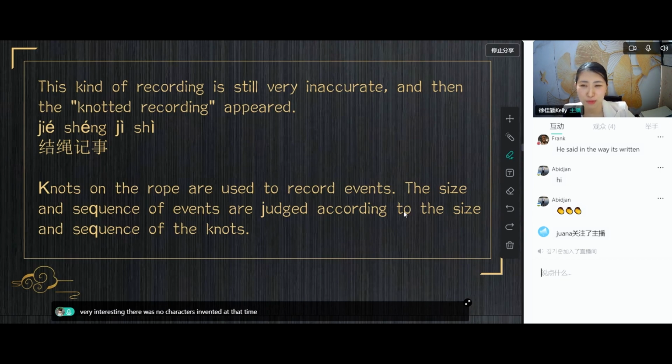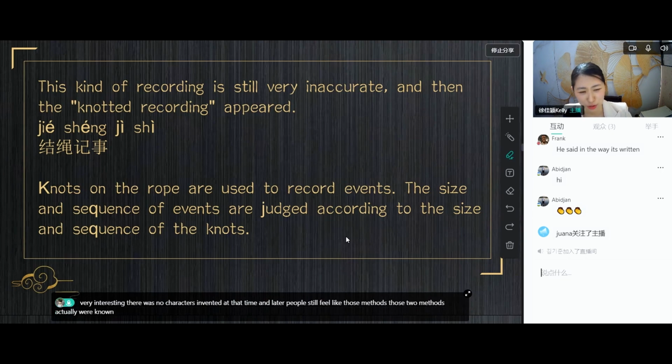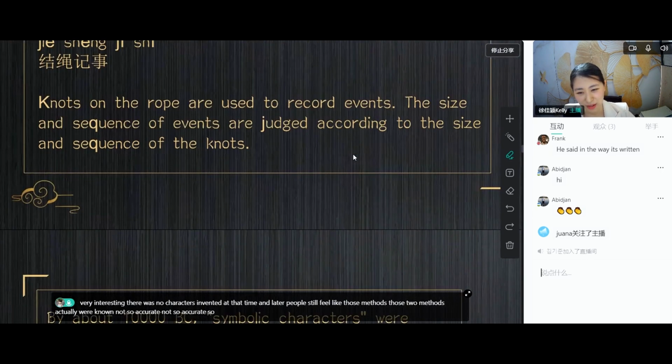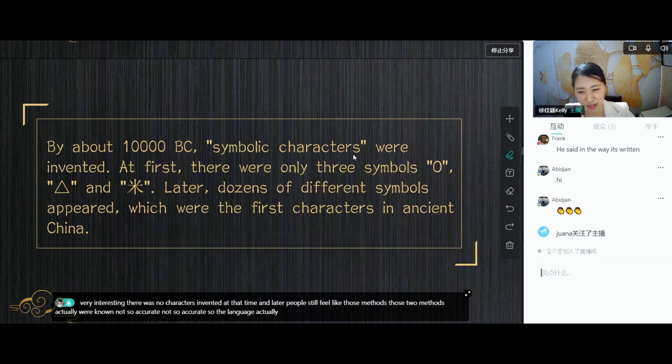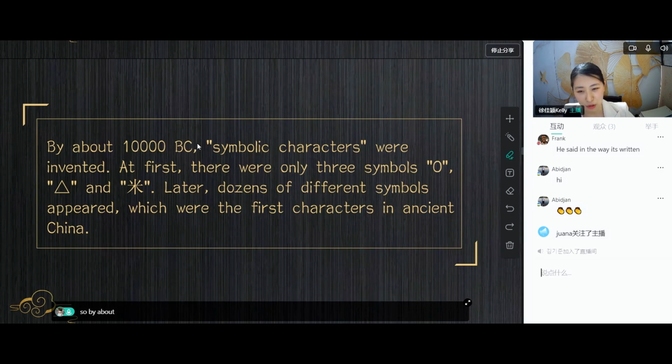And later people still felt that those two methods actually were not so accurate. So the language kept evolving. By about 10,000 BC, a kind of symbolic characters were invented.